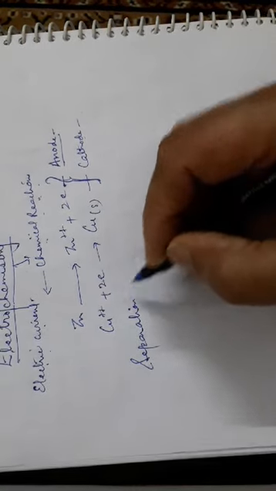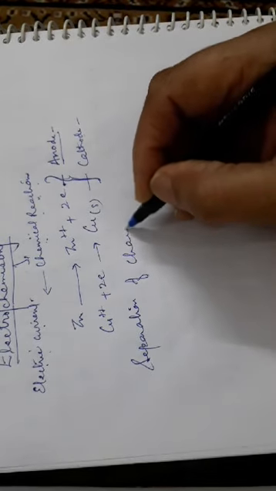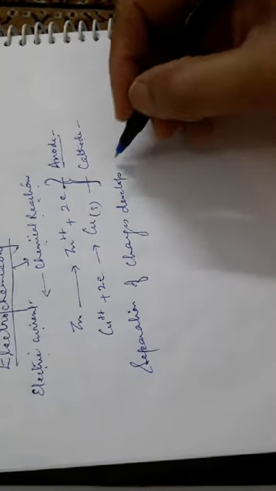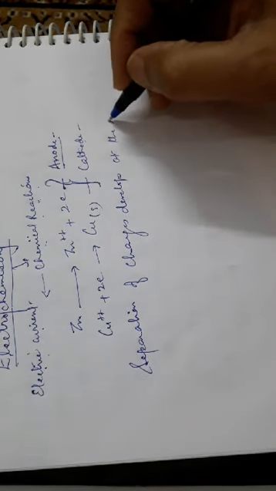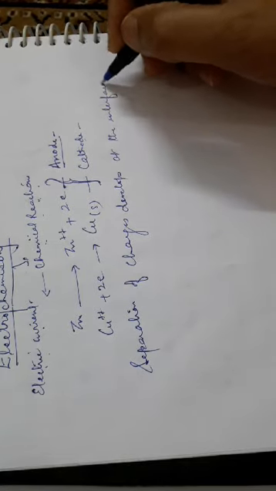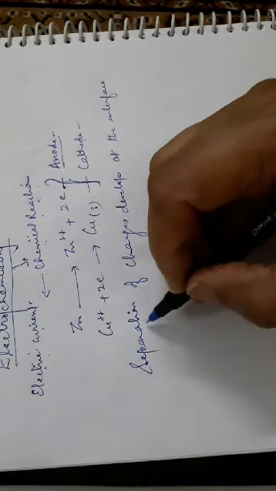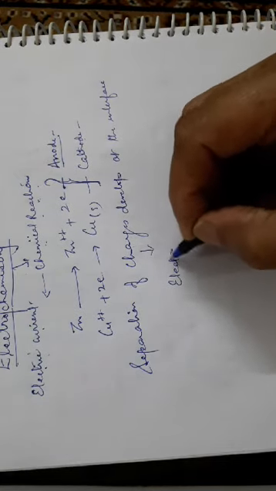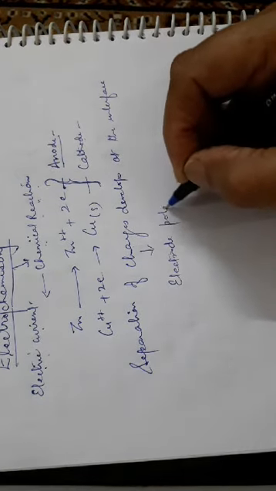Separation of charges develops at the interface. This separation of charge is the reason for the electrode potential.